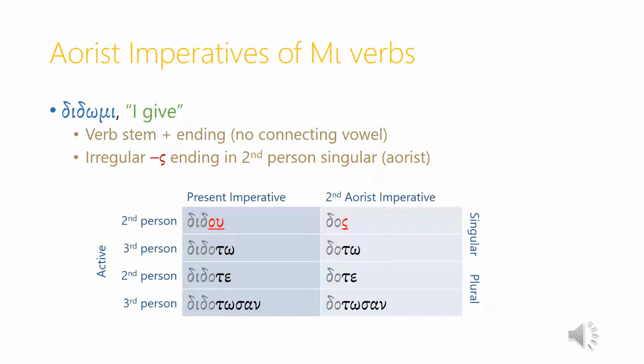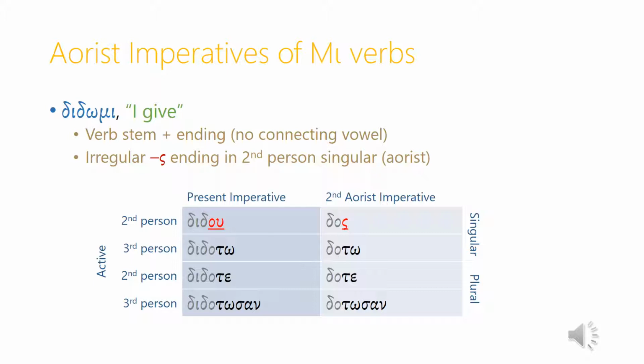But when the epsilon meets the omicron of the stem, they join to become the ou diphthong. So it ends up at least looking like an irregular ending. Didou, and then the rest of these are just the verb stem plus the ending without a connecting vowel. Didoto, didote in the second person plural, and didotosan in the third person plural.